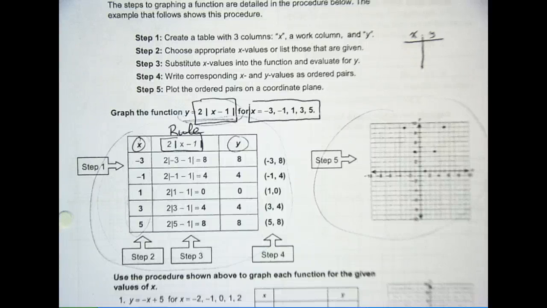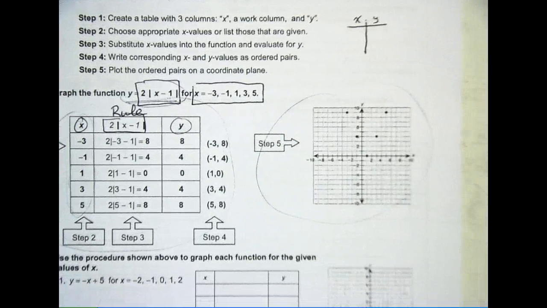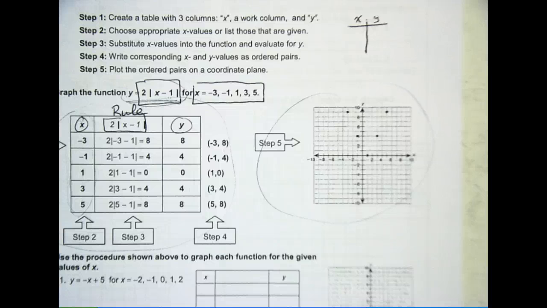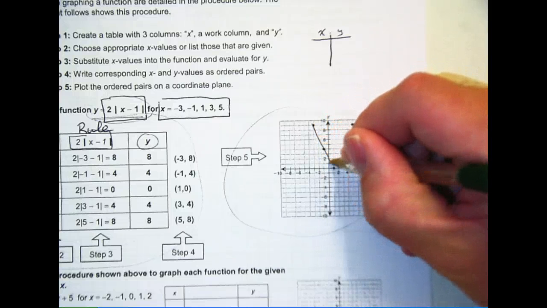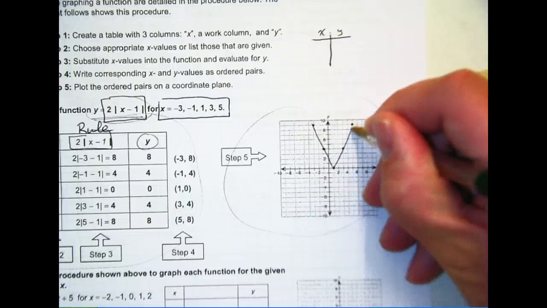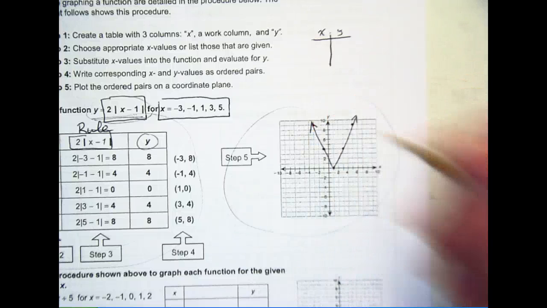Annalise, what type of graph does this give us? What's the picture look like? Okay, I want everyone to connect the points on that graph. All right, Annalise, what type of shape? Not a rectangle.